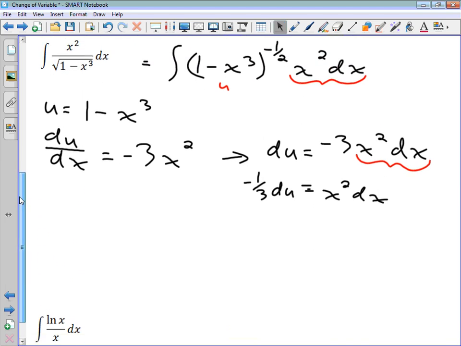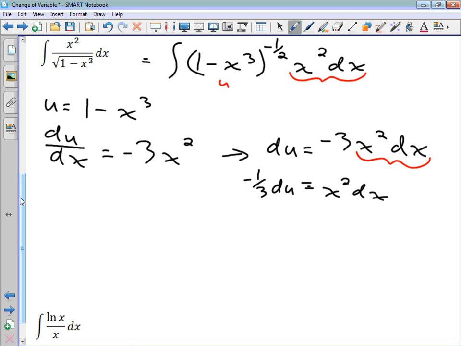Now we can go ahead and do our substitution in our integral. This is going to become the integral of, let's put our u in there, u to the negative 1/2 all times, to replace our x squared dx with negative 1/3 du.